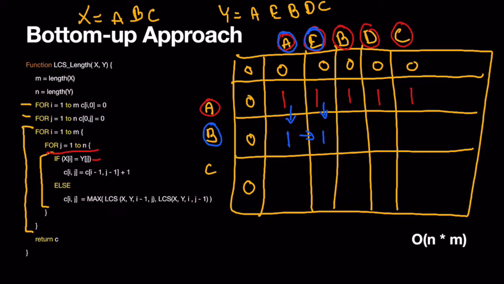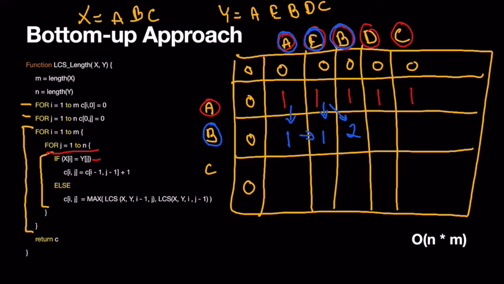B, B is now equal. So it's 1 plus, well, we're currently at 2 comma 3, so we have to look at 1 comma 2. That's this value. So 1 plus 1 is 2. B, D not equal.